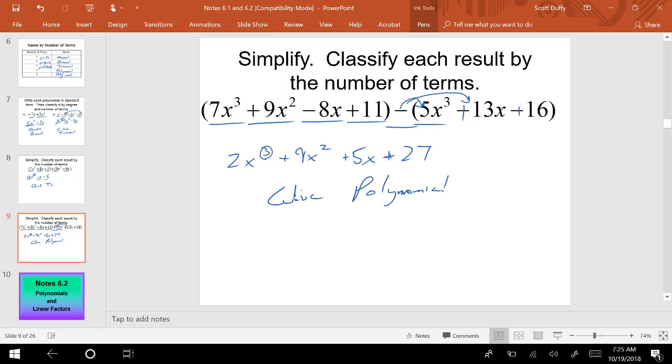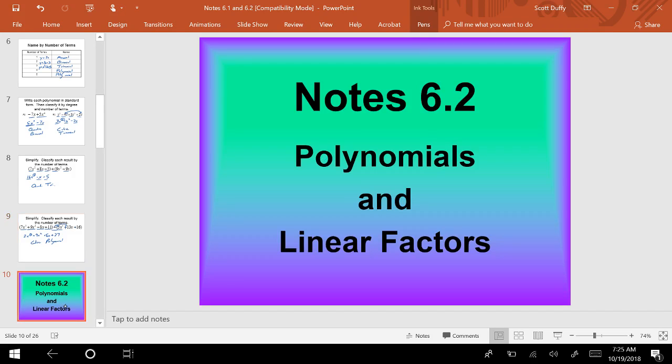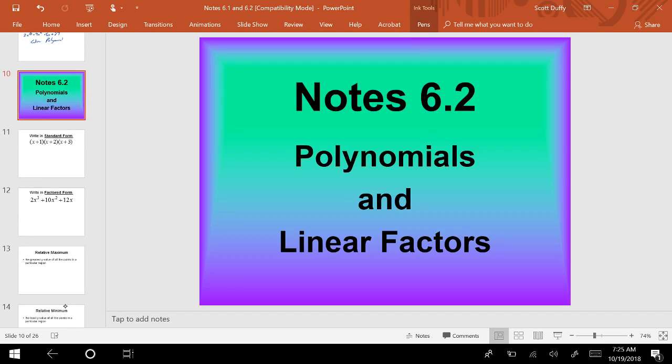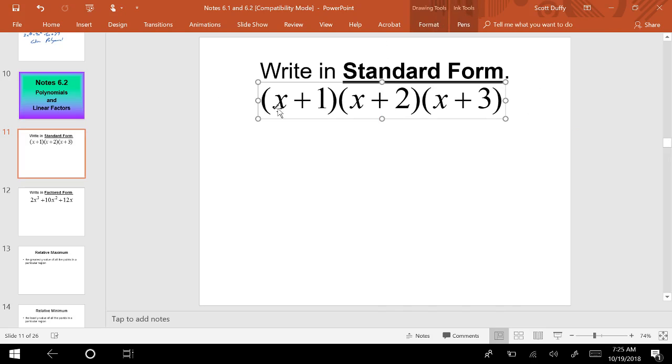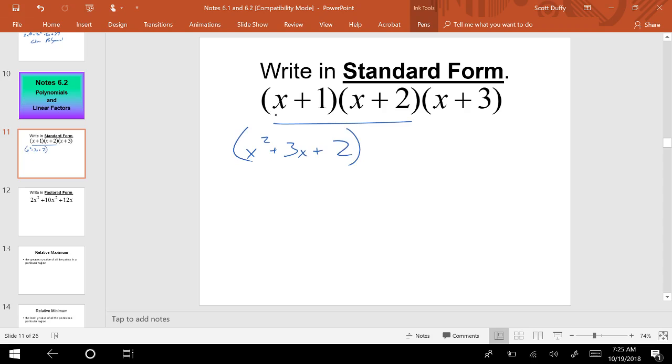Having troubles. 6.2, Polynomials and linear factors. If I want to write this in standard form, what I have to do is FOIL. FOIL these two, and I get x squared plus 3x plus 2, and then I have to multiply that by x plus 3. So I take each term, multiply that by x, you get x to the third.